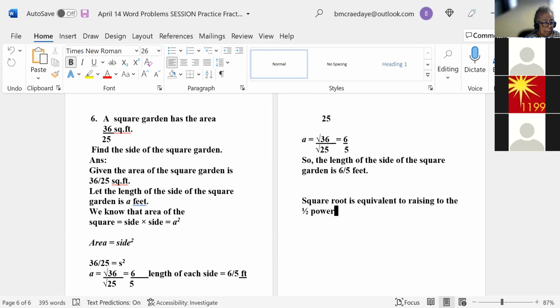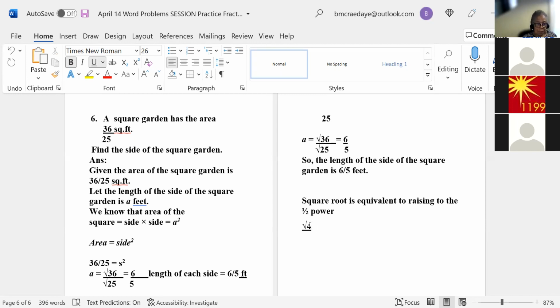No question. All right. So when you're given something as a square root, you can prove this. If we had, let me just put here the square root of 4.